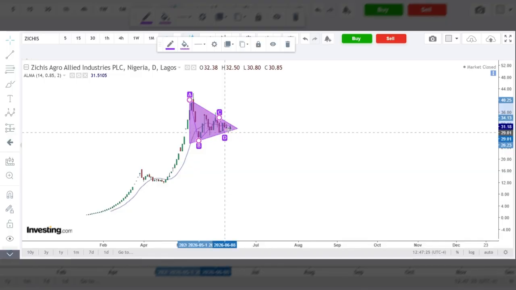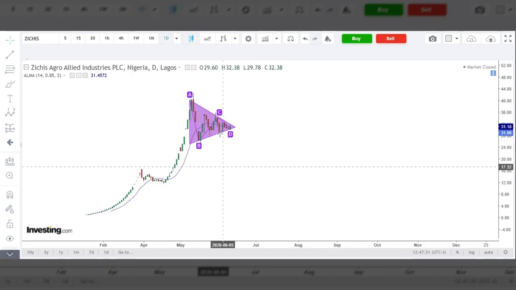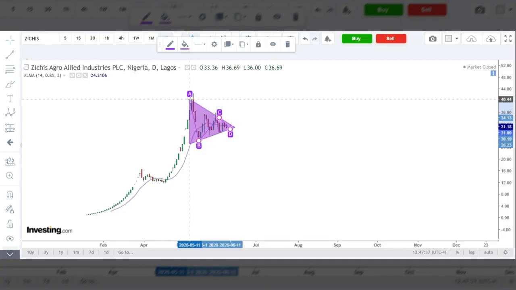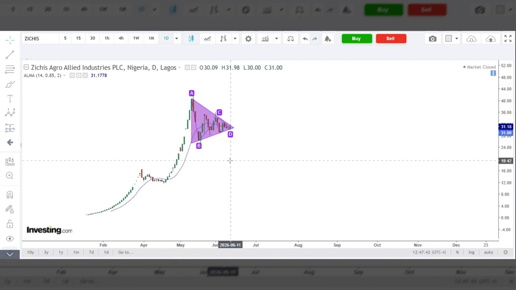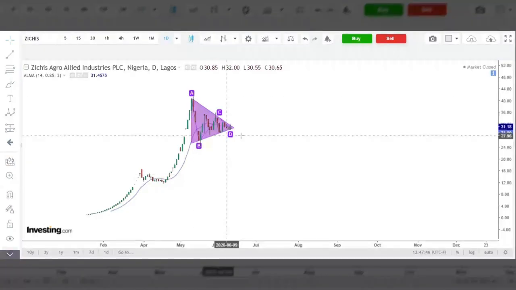Let me see. This is where I'm supposed to stop. Yeah. As you can see, this triangle actually tallies with our moving average, just to confirm.